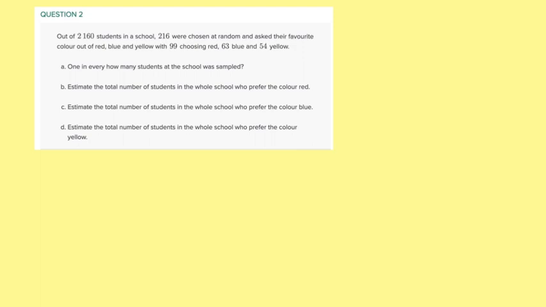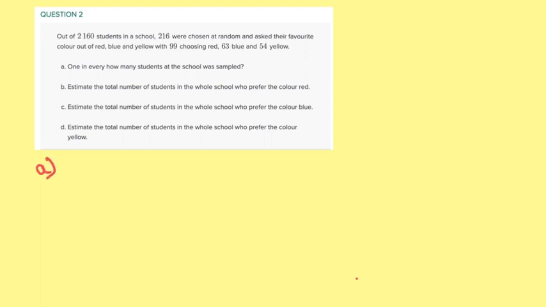A. 1 in every how many students at the school were sampled? B. Estimate the number of students in the whole school who prefer the colour red. C. Estimate the total number of students in the whole school who prefer the colour blue. D. Estimate the total number of students in the whole school who prefer the colour yellow.